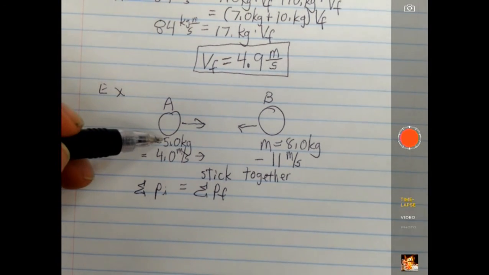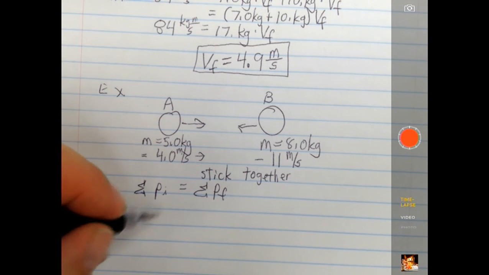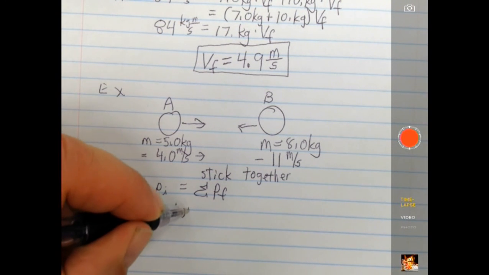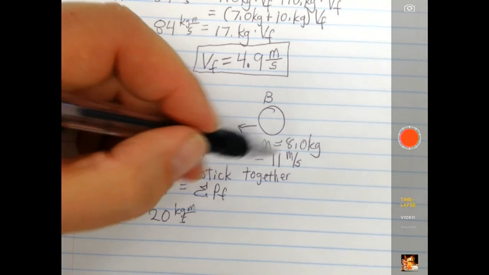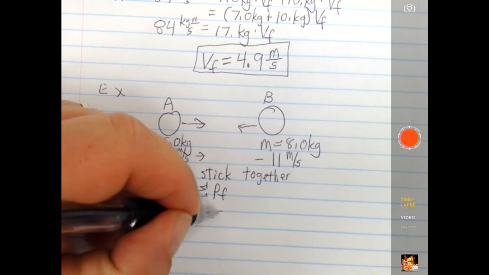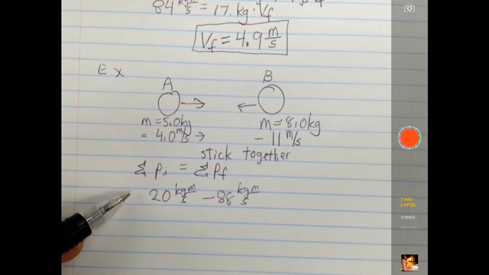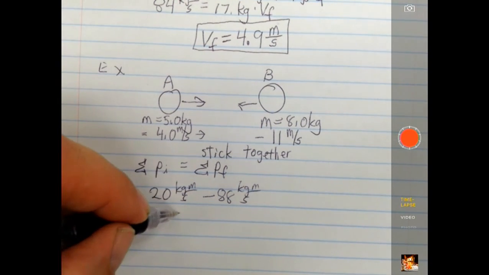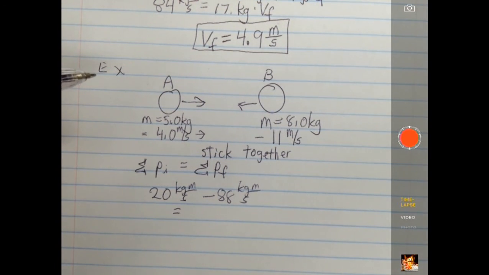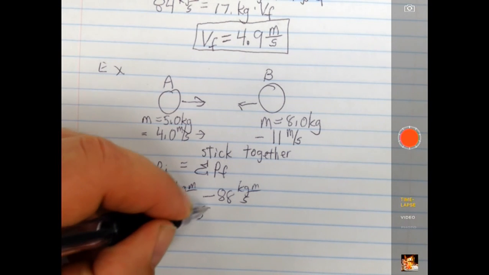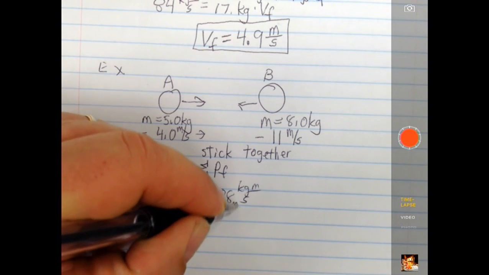I'm going to blast through this. Look, 5 times 4 is 20 kilogram meters per second. 8 times negative 11 is negative 88 kilogram meters per second because it's to the left. 20 plus negative 88 is negative 68 kilogram meters per second.